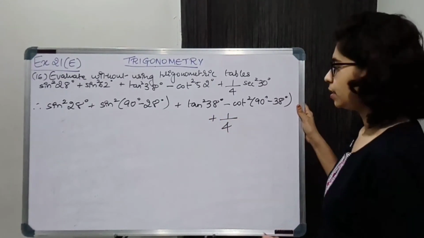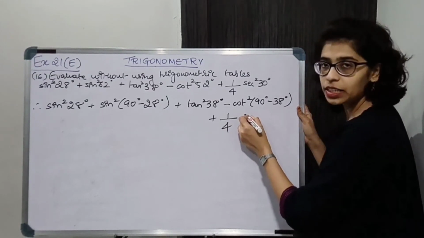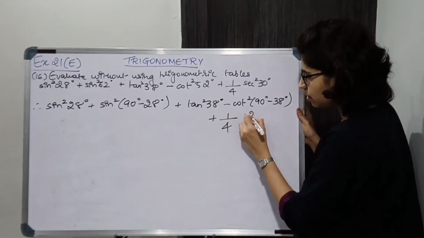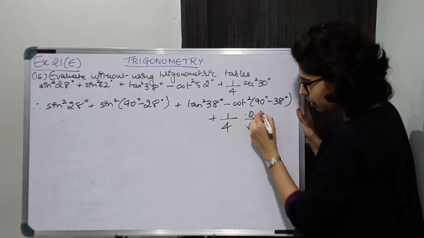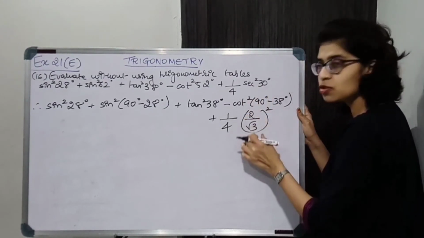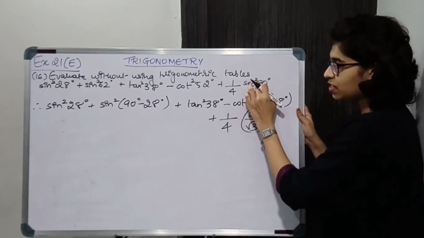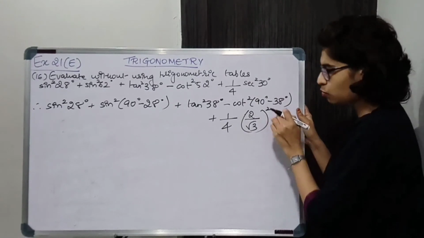Sec square 30, what is it? It is 2 upon root 3 square. We know sec 30 is 2 upon root 3. So we have sec square over here, so we'll apply square to the value.